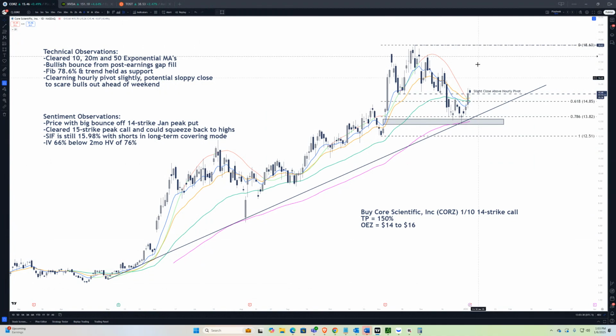So you need a big move, but this is a name that can obviously make big moves in one day. Very volatile stock. The reason we're looking at these price targets is we want to make sure you get a price target before $18.63. We view that as resistance up here, even $18.25.